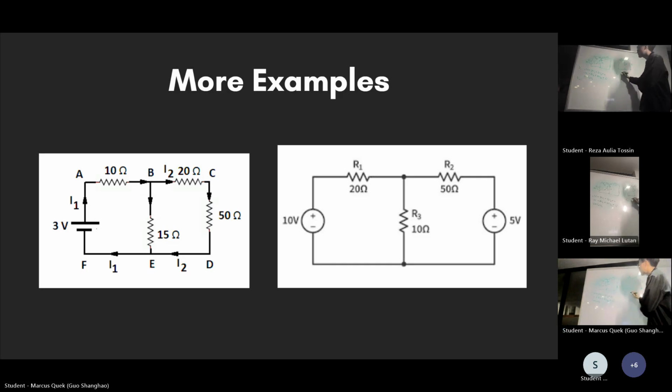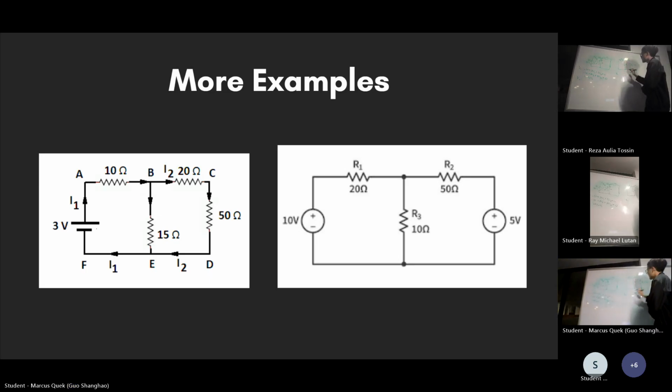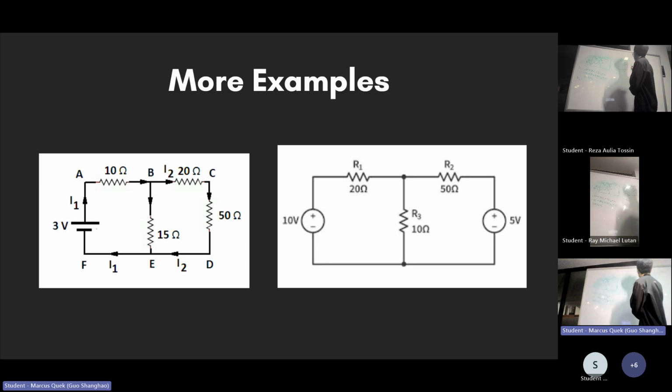V2 is... to get nothing from here is plus minus 5, minus 50 I3, minus 20 I1, plus 0 minus 5, 2 1.